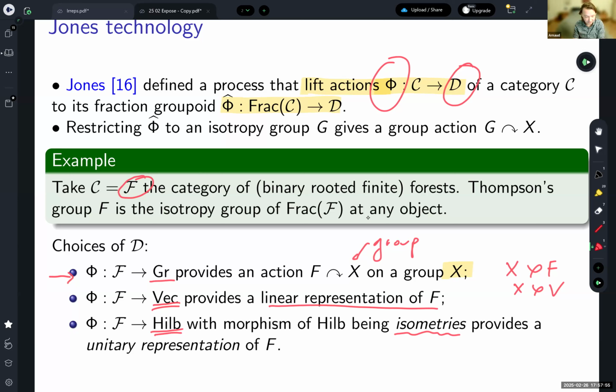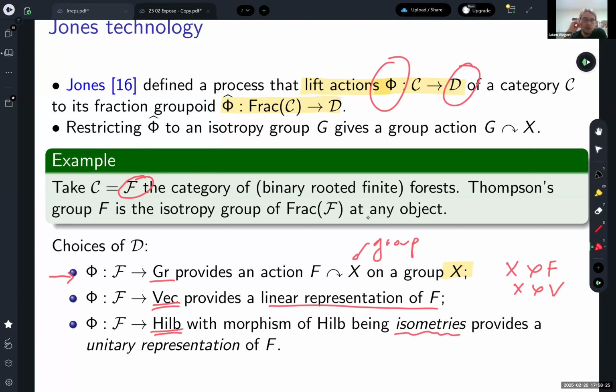Well, if I take this... If I could ask you... Yeah, go ahead. A quick question, since I'm a little bit confused. In the three examples, in the first, you have your phi going from F to the category of groups, and you obtain an action on a group. But in the second case, a representation is in fact not a morphism into a vector space, but a morphism into the general linear group of this vector space. So is it right as it is written?